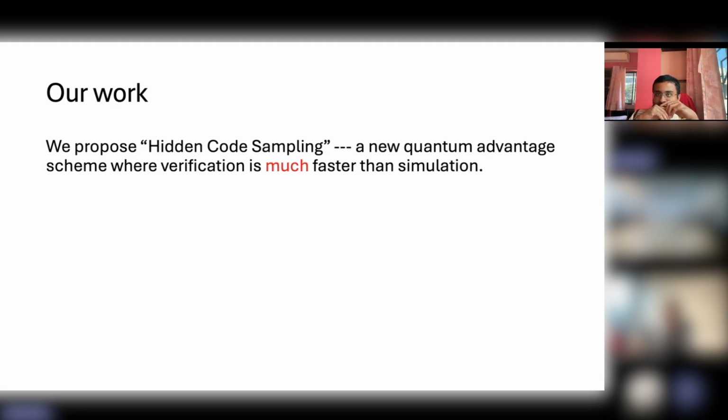For instance, Scott has a paper where he ties the complexity of these cross entropy benchmarks to the complexity of one other task called XQUATH, and the task is computing the probability, like the path integral of a particular branch of the wave function of the state produced by the random circuit, and it's believed that this task is hard.